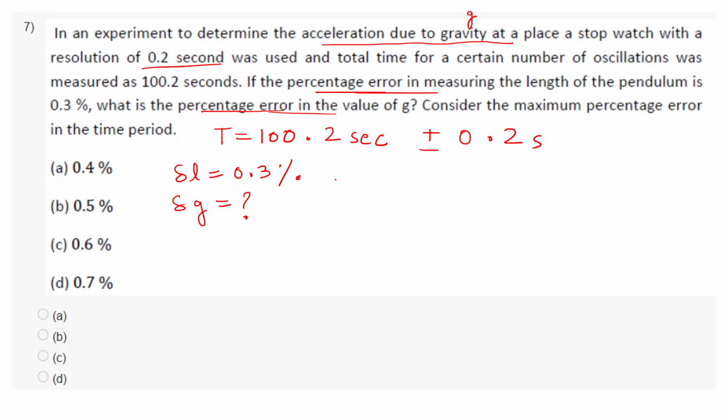Okay, so whenever we do this experiment of oscillation, from the derivation we know that the g value we can calculate from the oscillation experiment, and the relation between time period and this acceleration due to gravity is this. It's 4 pi square L by T square.